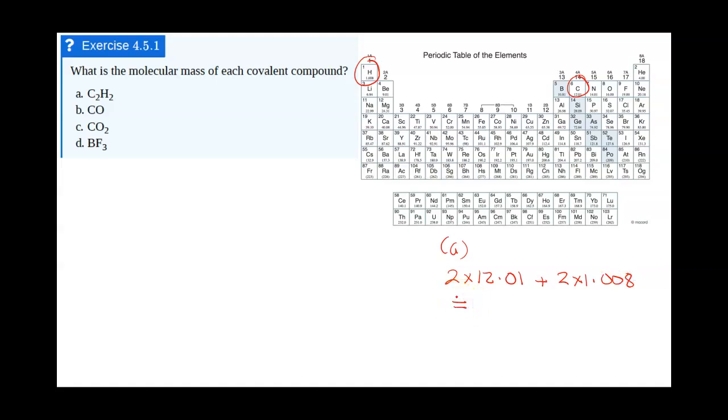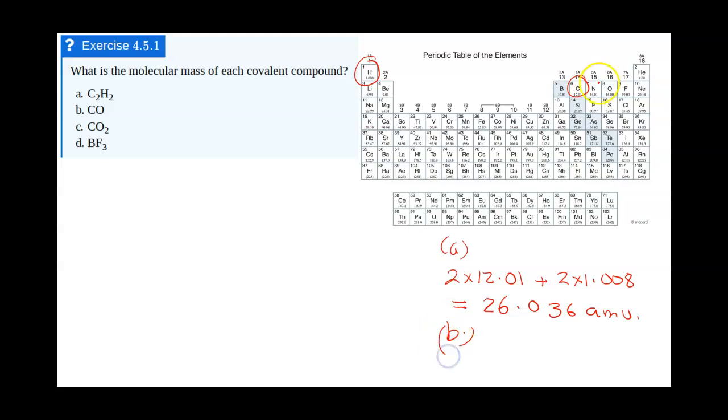Add those together, and that'll give us the mass of one C2H2 molecule in AMU, which is 26.036 AMU. And the same for the others.